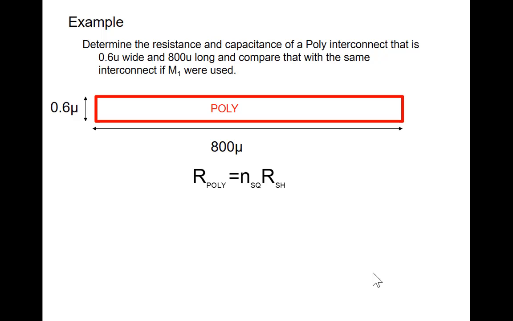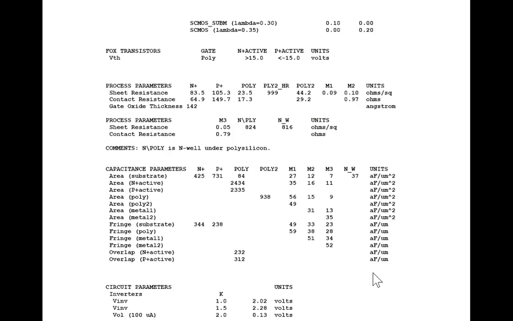Resistance of the poly is the number of squares times the sheet resistance. Number of squares is 800 divided by 0.6. And the capacitance is the area times the capacitance density. And the area is 0.6 times 800 microns squared. So we need to get the sheet resistance, and the capacitance from poly to substrate, not the resistance.